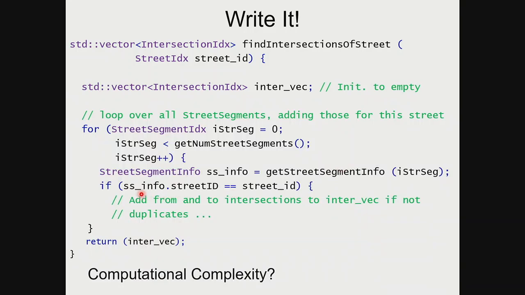Then, if the street segment info dot street ID, remember that the lower level API gives us the ability to know which street ID it is part of, is equal to the one that we are given at the top, we go ahead and add the to and from intersections one by one, making sure that we avoid duplicates.